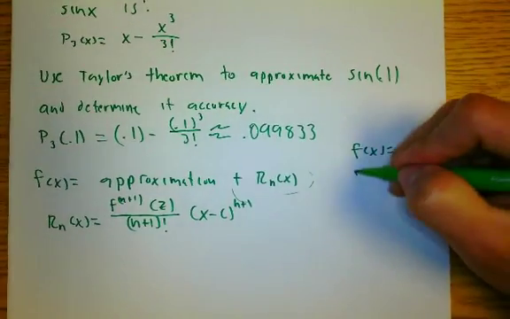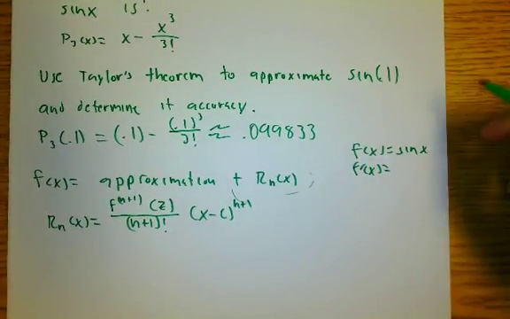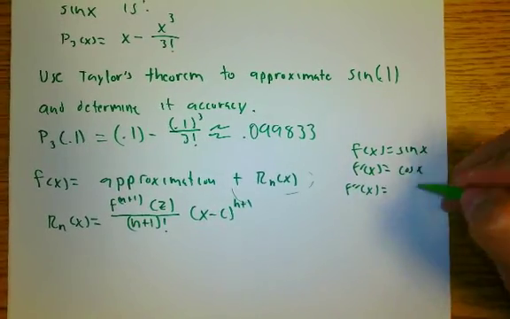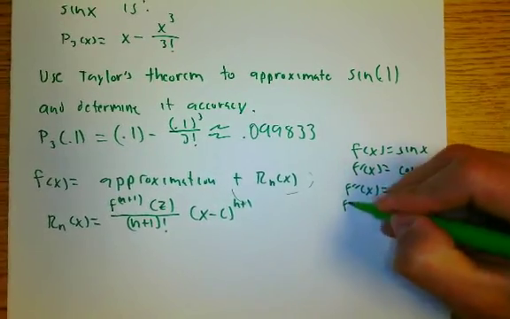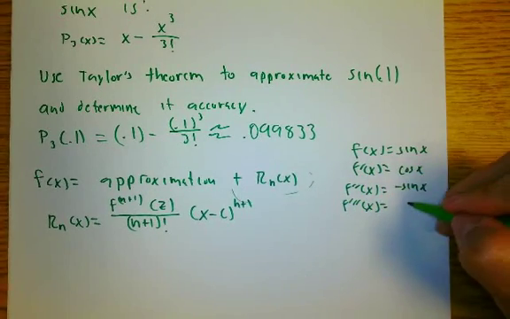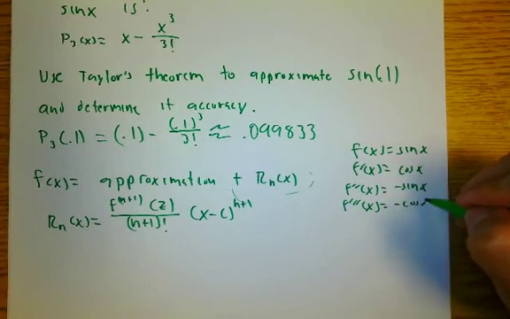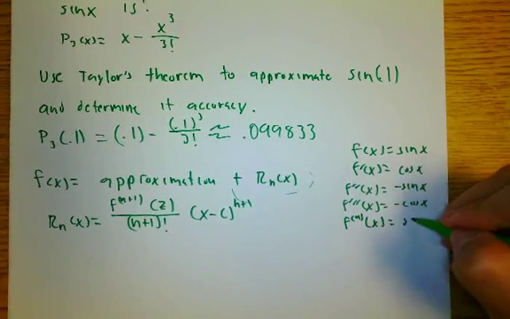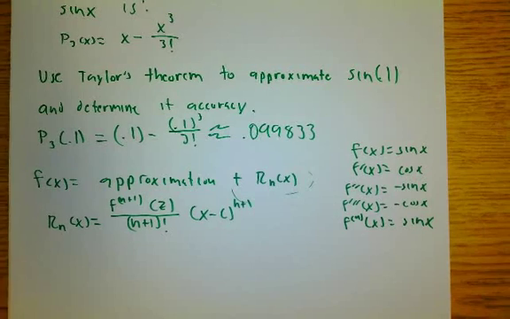Third derivative, negative cosine. And the fourth derivative, positive sine. So it ended up being a trick for those. They repeat themselves. Okay? Now that I have the fourth derivative, it says you're going to evaluate it at z.